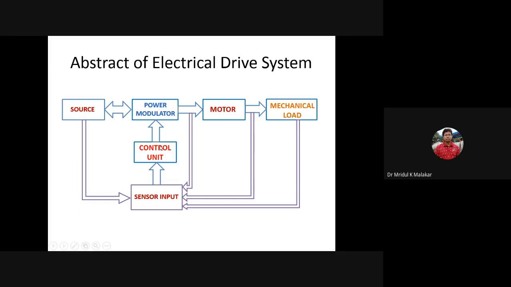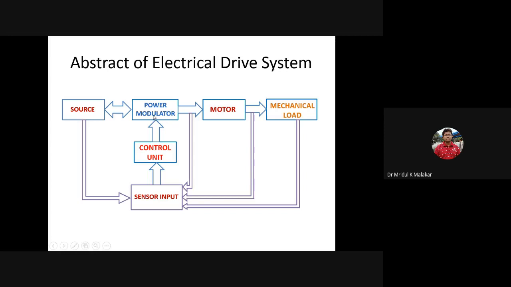Now those who are working on the sensor input can design their best sensor input. Those who are designing the control unit can write their best control algorithm, because they know the sensor inputs. Once the motor is finally defined, they can immediately say that they can drive this mechanical load. Based on that input, they can design their power inverter or converter, whether it is a rectifier, DC-DC converter, AC to DC converter, DC to AC converter, or a frequency converter.